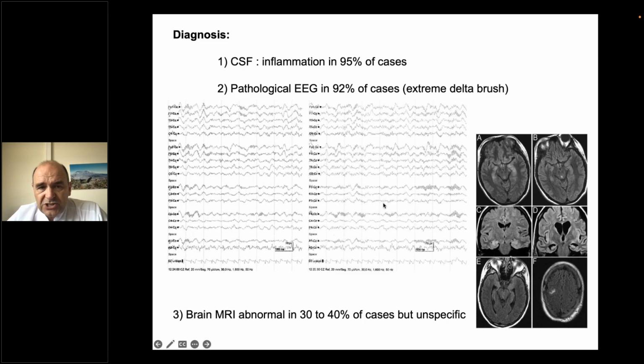Now the EEGists are more aware of this pattern, but it's sometimes difficult to identify, and it's very important to perform an EEG in all patients hospitalized acutely in psychiatry. Brain MRI is abnormal in 30 to 40% of cases, but really unspecific. Sometimes you may have hypersignal of the hippocampus or some aspecific hypersignal. So it's not a big help, the brain MRI.